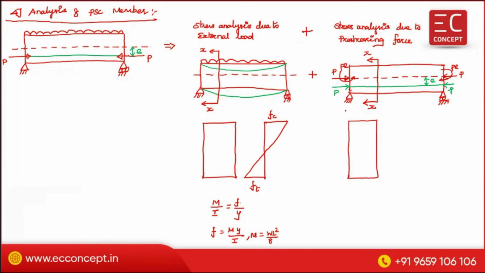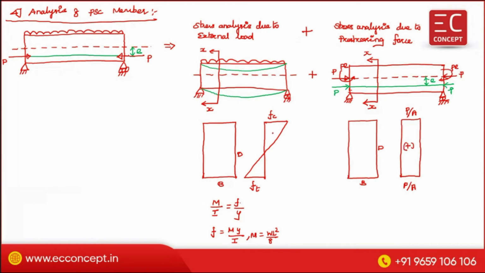So this is B, this is D. It is subjected to a direct stress due to this P, which is P by A. Because this is a compression, take it as positive.